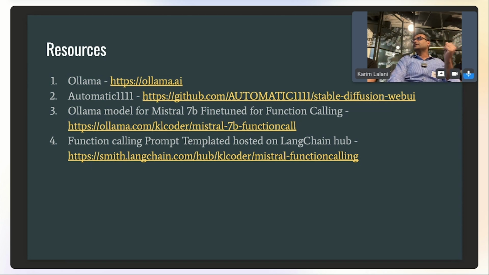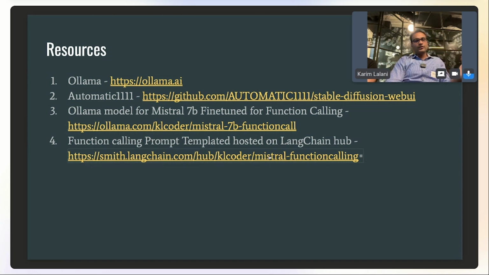The template is hosted on LangChain Hub. So LangChain Hub is one of those things that we don't talk about as much. It is also something that LangChain offers. A lot of what we do with AI boils down to repeatability. We want to be able to use the same thing over and over again. And LangChain Hub is basically where you could publish your prompt templates for others to be able to use.